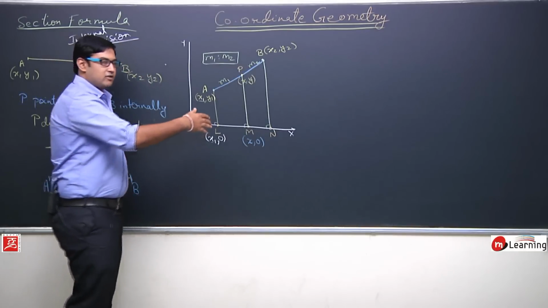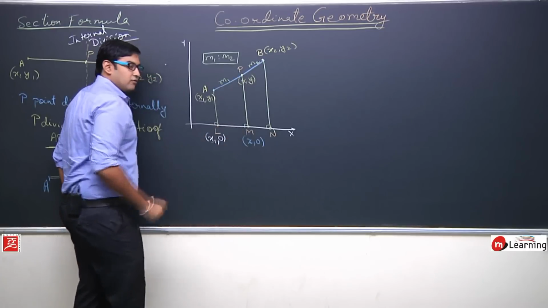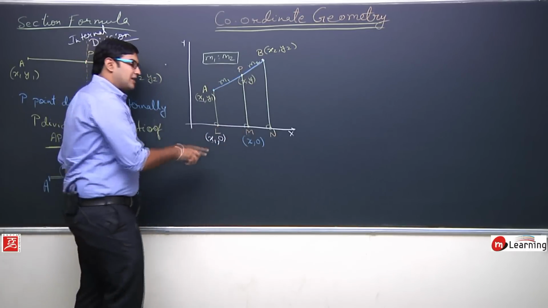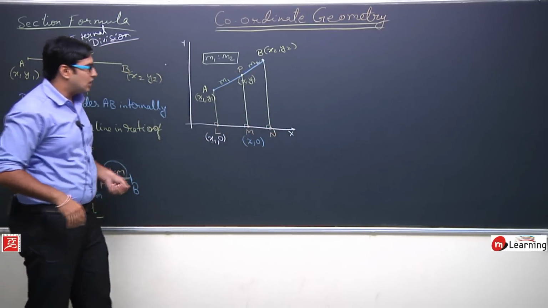So whatever be the x coordinate of P will be the x coordinate of M, and since M lies on the x axis, its y coordinate will be 0.